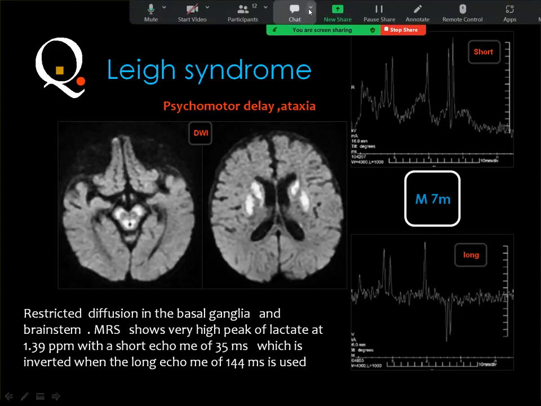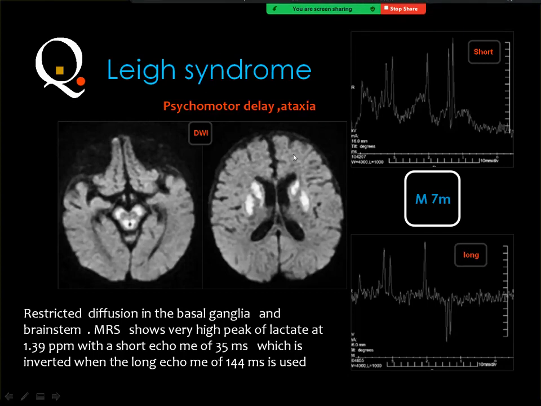Of course, I am not controlling the appearance of the answer, but this is Leigh's disease, and the MR spectroscopy showed the prominent feature of the high lactate peak, which will be inverted in the long TE sequences.